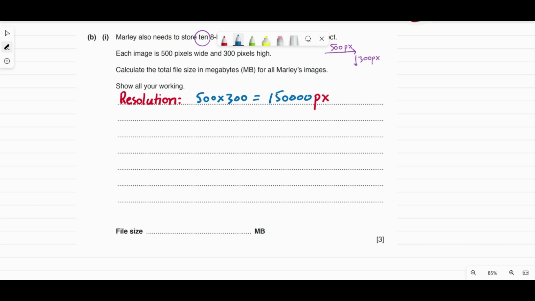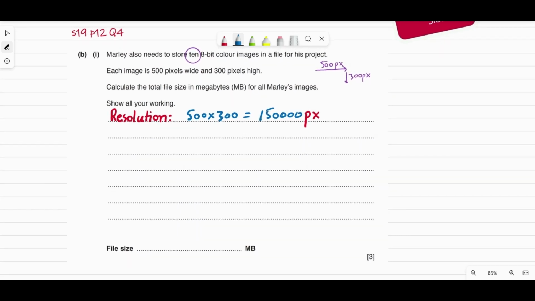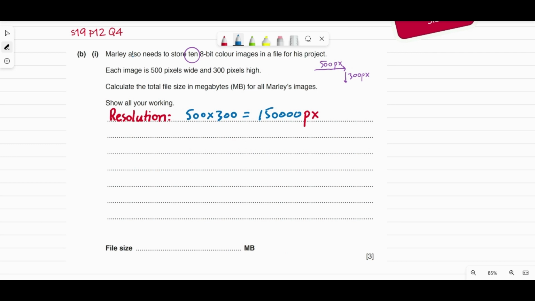Then we need to convert pixels into bits. For that, we look at how many bits are being used by each pixel. Marley also needs to store 10, which is a separate thing, 8-bit color images. That means each pixel of the images uses 8 bits. Always remember the number of bits given is for a single pixel only. So we need to convert from pixels to bits.